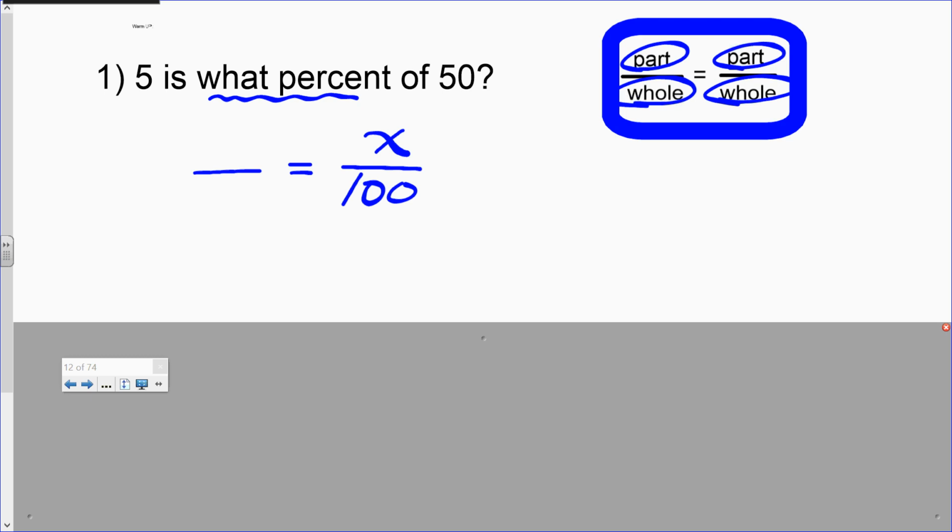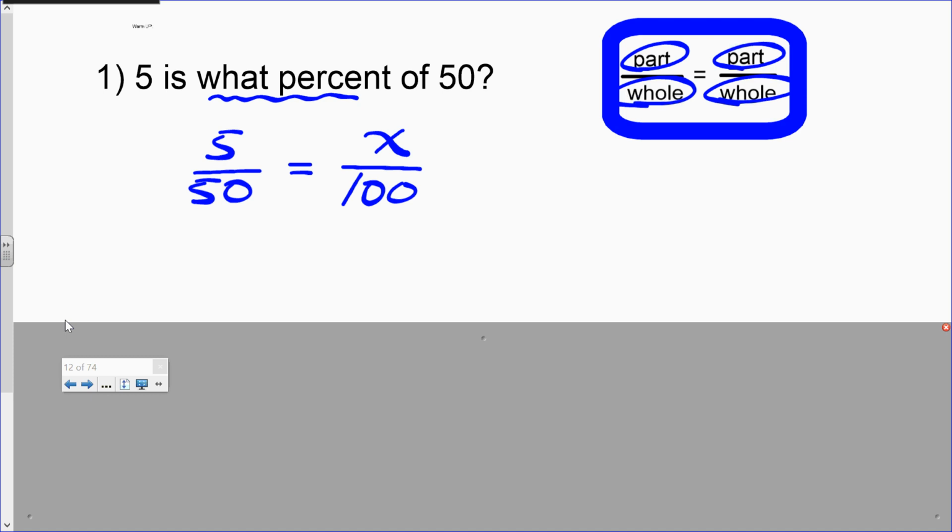What out of 100? So that's unknown, so put it over the 100. And what's going to be the part and the whole over here? 5 is the part. 50 is the whole. Part to whole, part to whole. So 5 pieces out of 50 is how many out of 100?